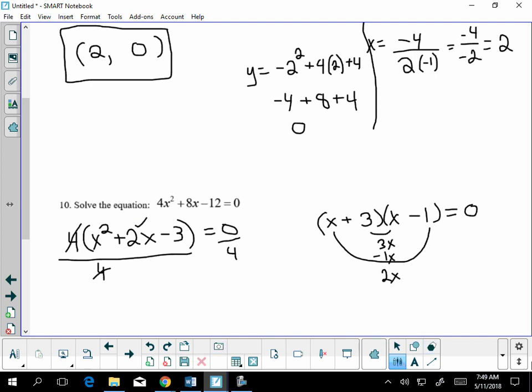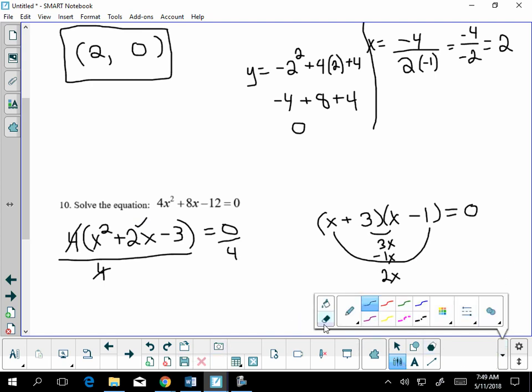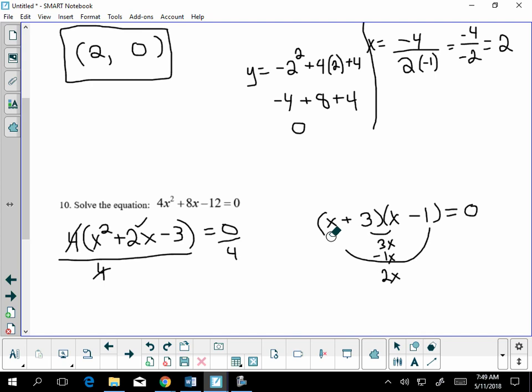So I did that correctly. So I know my factoring is good, but I still haven't solved it. Factoring is only half the battle here. In order to solve it, you take that first factor, set it equal to 0. Take my second factor, set it equal to 0. I get x equals negative 3 and x equals 1.